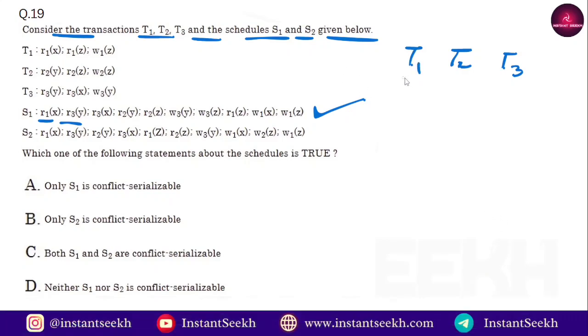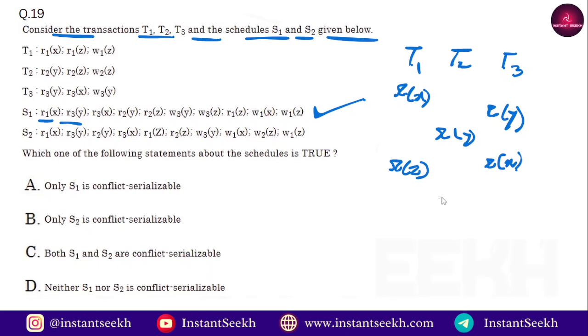The schedule is: R1X, so RX here. Then we have R3Y, RY for the T3 transaction. Then we have RY here for the T2 transaction. Then we have R3X for T3. Then R1Z, so it goes back to transaction 1.